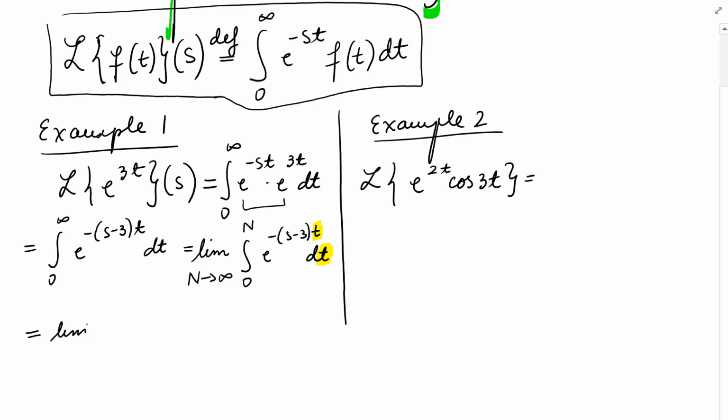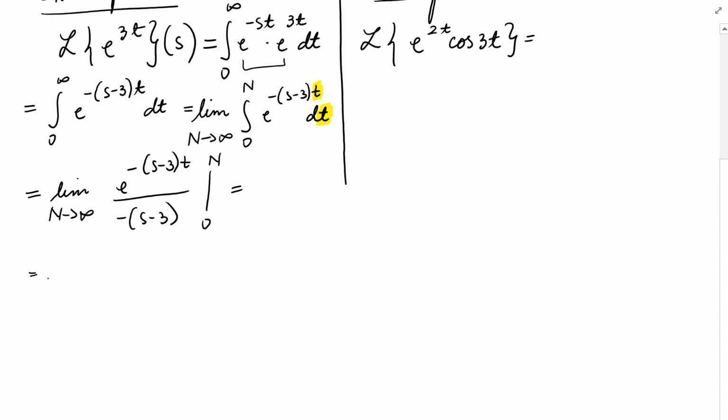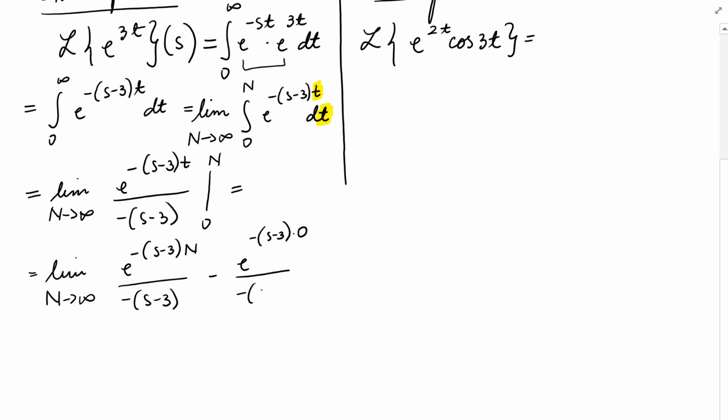So we get the limit as n approaches infinity of e to the negative (s minus 3)t over negative (s minus 3), evaluated from 0 to n, which is e to the negative (s minus 3)n over negative (s minus 3) minus e to the negative (s minus 3) times 0 over negative (s minus 3).